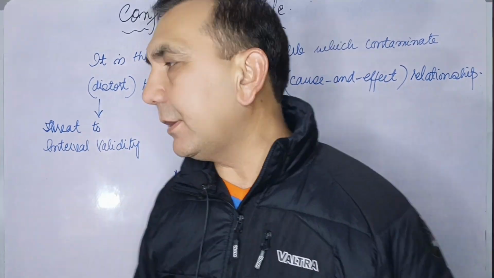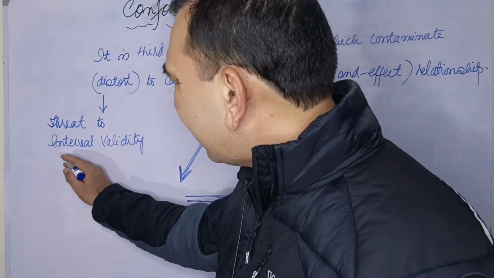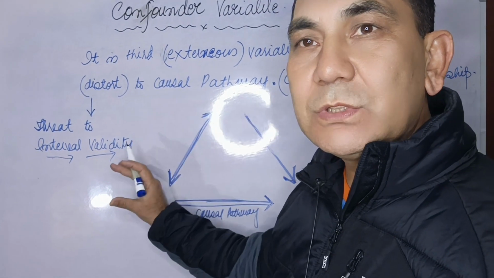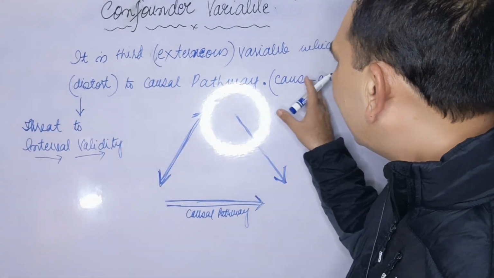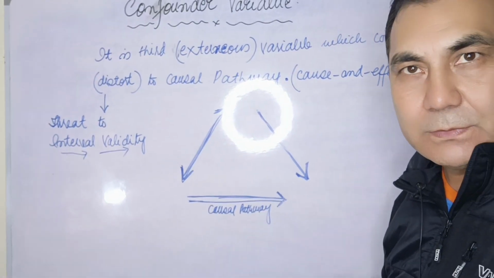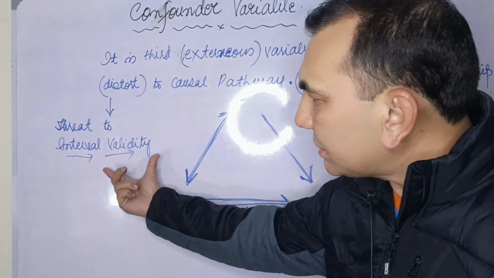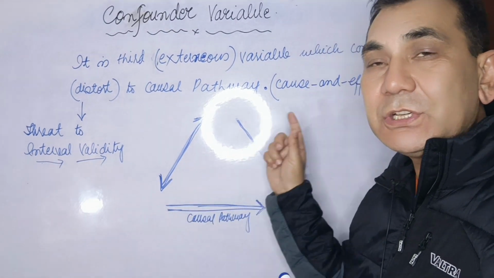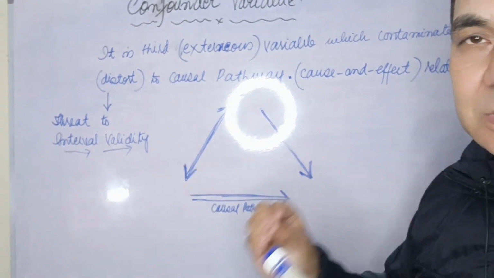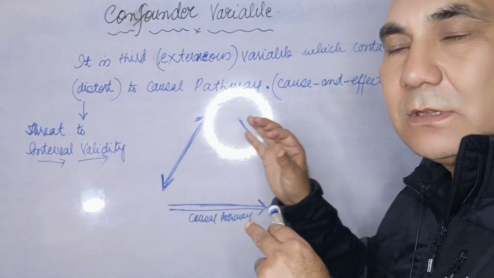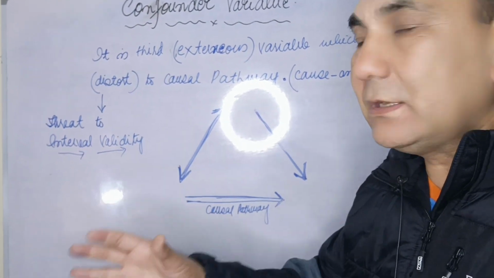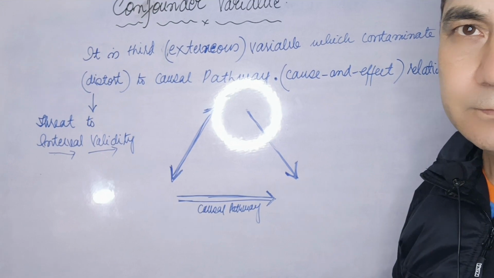Internal validity shows the confidence level in the cause and effect relationship, meaning how confident you are that this is the actual cause associated with and causing the outcome.